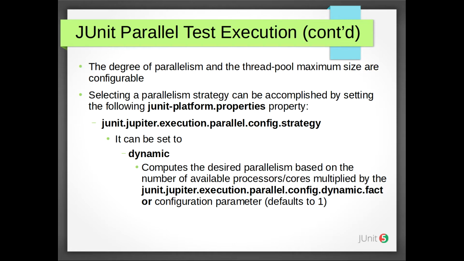So the value of this property can be set to several values. And the first value it can be set to is, and I'm going to give you 10 seconds to write it out, dynamic.